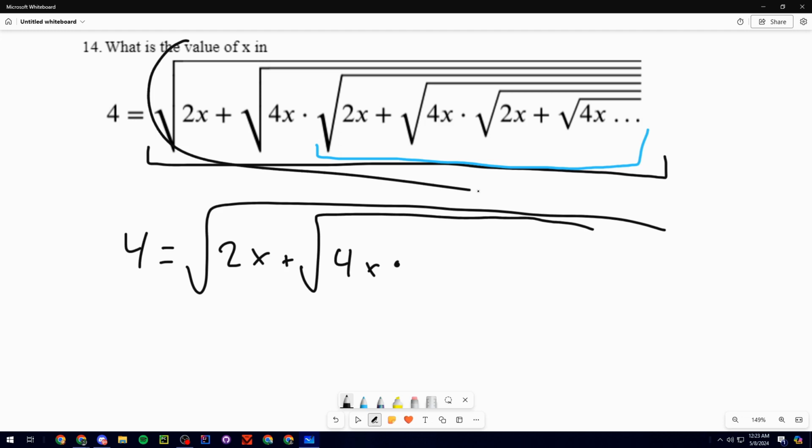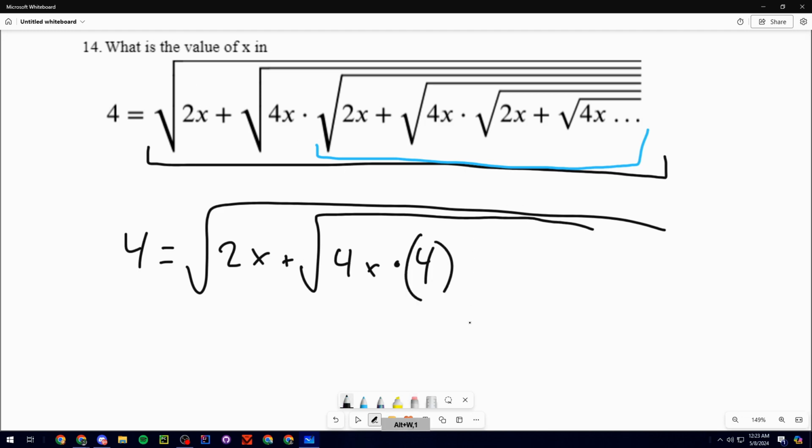I have that bigger radical with the whole thing. So that's just me writing 4 again, because it's the exact same thing. I'm just setting it as a variable. If I have 4 and you ask what 4 is, 4 is just this big radical, so I'm plugging it back into that thing. It's infinite, so you can just substitute within itself.